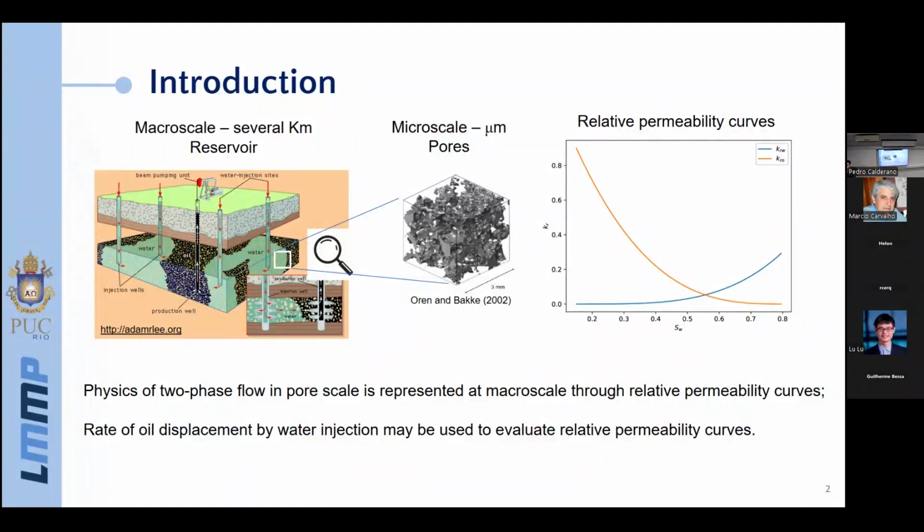When reservoir engineers are interested in managing those reservoirs, it's important to know what's happening in the micro scale, but they cannot consider all the detail of the micro scale, so they need to use more general equations with general coefficients, and those general coefficients have statistical properties that show how the flow will behave.